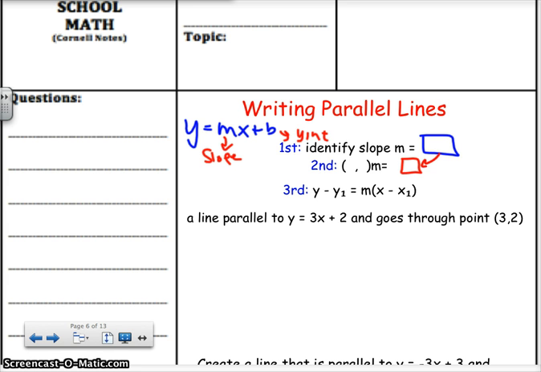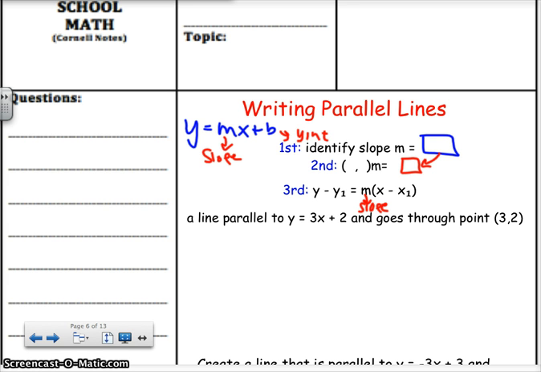Third, you use point slope. That means you're given a point and you're given a slope, okay? So y minus the y you're given is equal to your slope times x minus the x you're given.